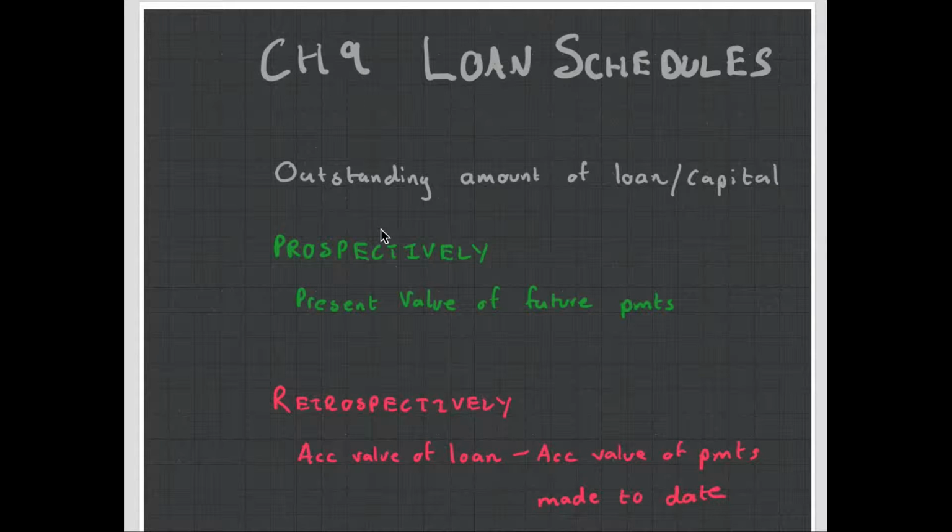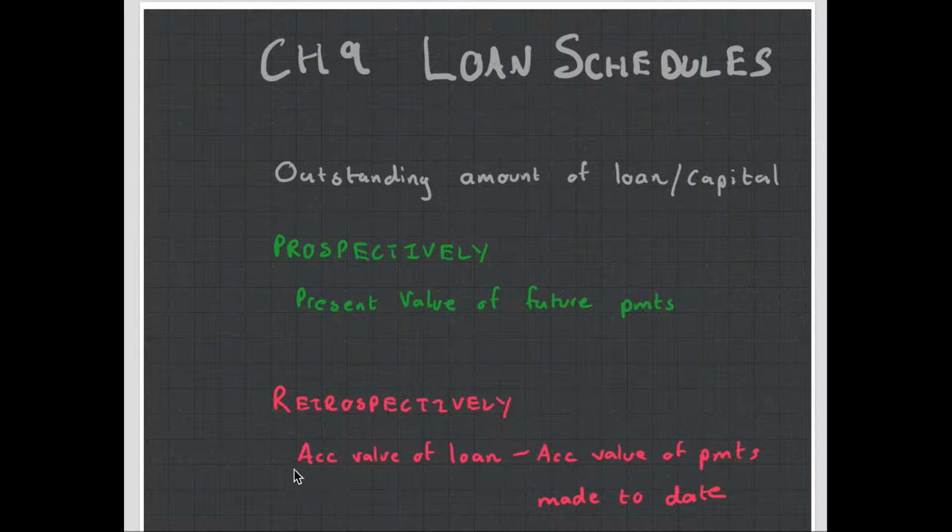Prospectively means that you take all the future values and discount them to get the present value. Imagine a timeline: prospectively means you calculate the value at the beginning, at time 0.